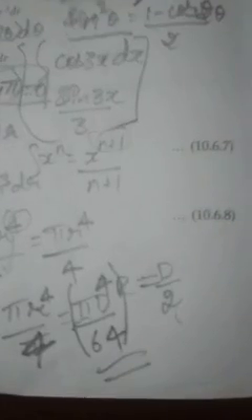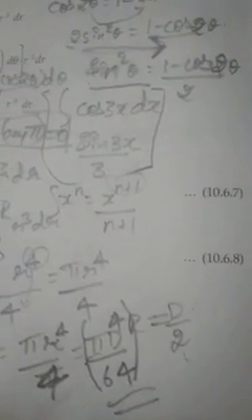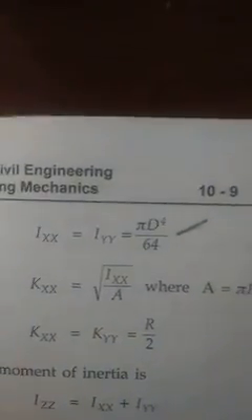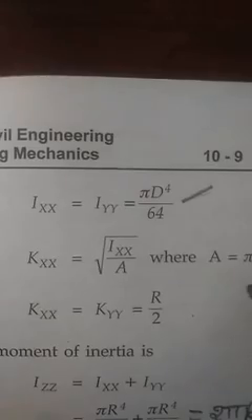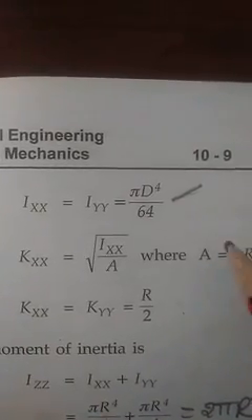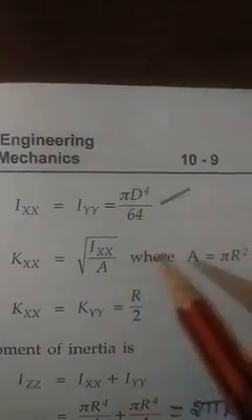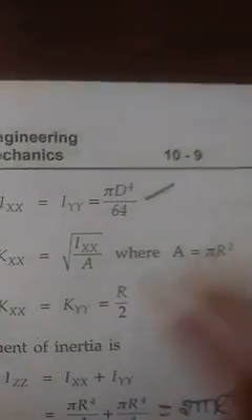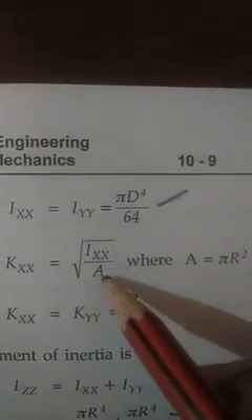So this is one complete problem, one complete derivation of the circular section. One small thing here: finally I got pi d to the power of 4 divided by 64 as the final moment of inertia. We know that the radius of gyration is the square root of Ixx divided by area.